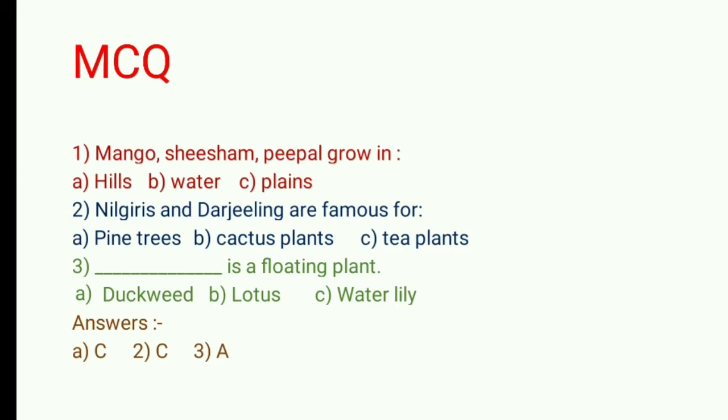They are famous for tea plant. Third, blank is a floating plant. From this, which is the floating plant? Duckweed, lotus, or water lily? The answer is duckweed is a floating plant.